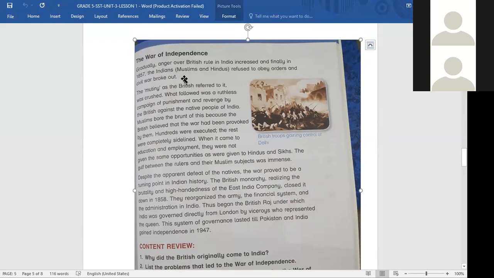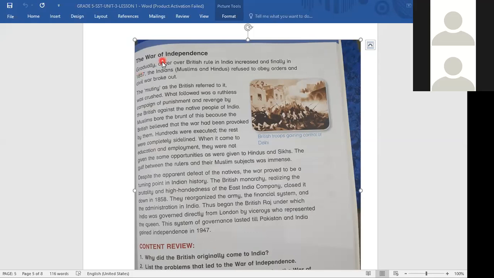It's for reading. I have already explained this lesson yesterday, so I will not explain. Okay, come on, Suleiman, read. Beta, from the war of independence broke out till here. Okay. Start.